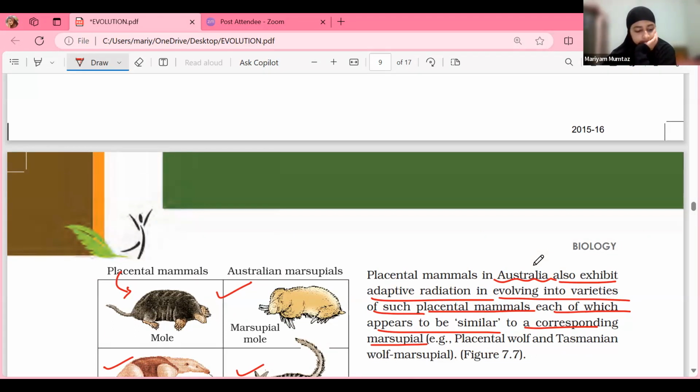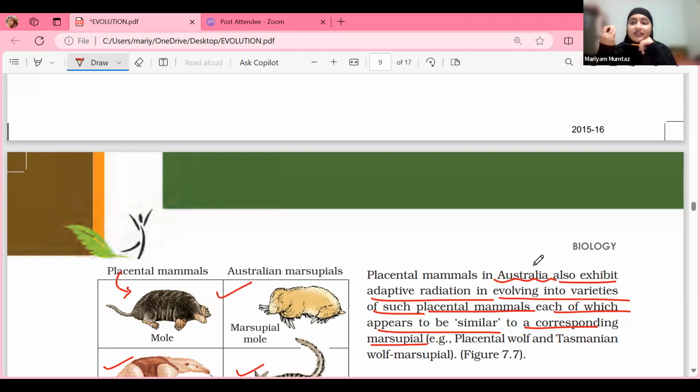Hmm? Ma'am, can you repeat your question? Yeah, my question is, I said that the vertebrate's brain and the vertebrate's heart are both homologous structures. How?